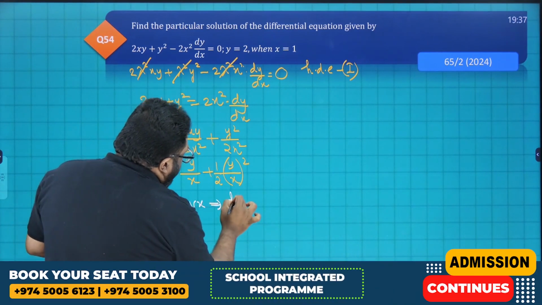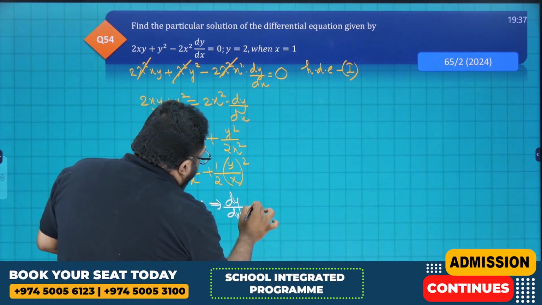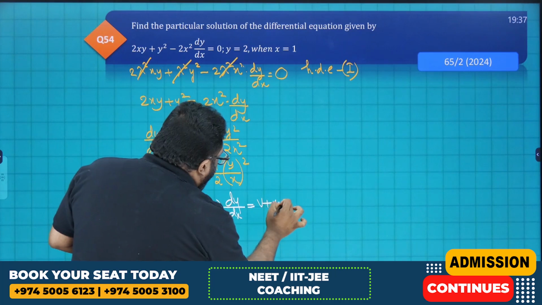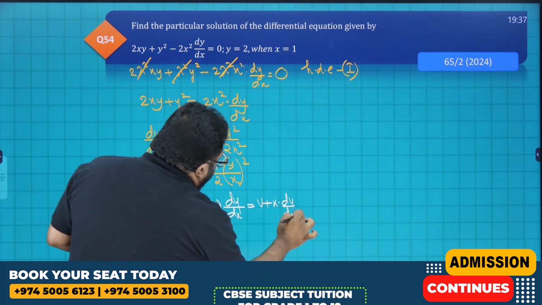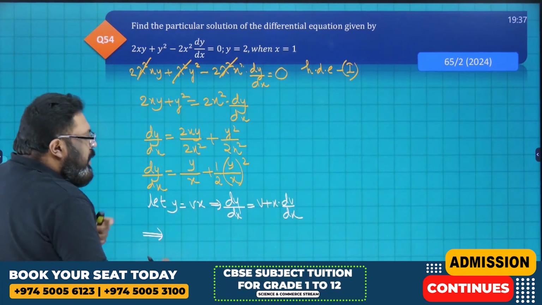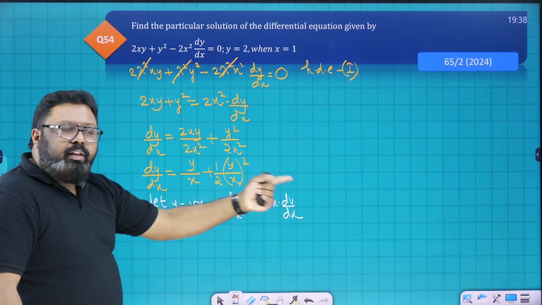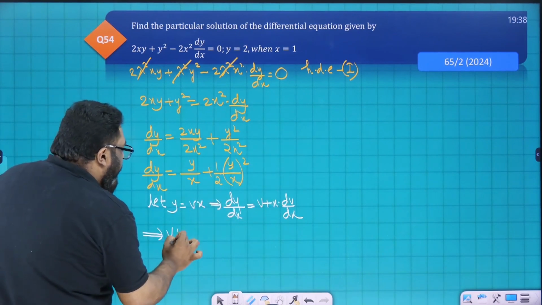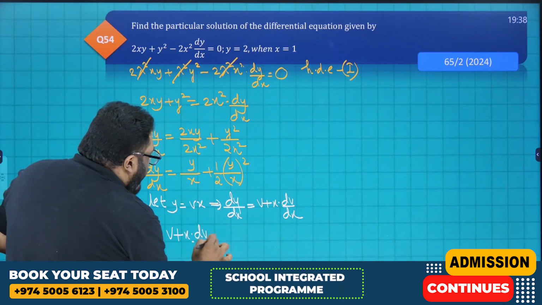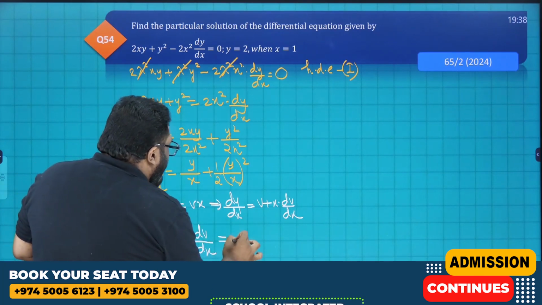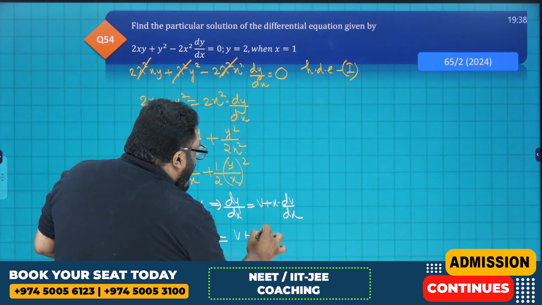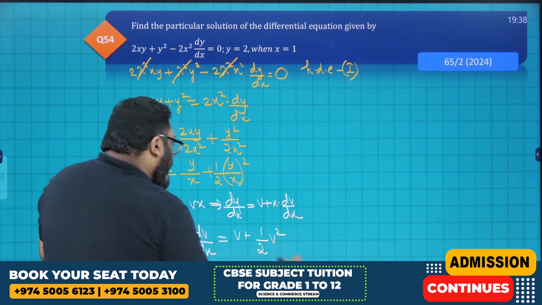Let y is equal to vx. dy by dx is equal to v plus x dv by dx. Substitute because it is HDE type 1, just substituting directly. So v plus x dv by dx is equal to v plus half v squared.